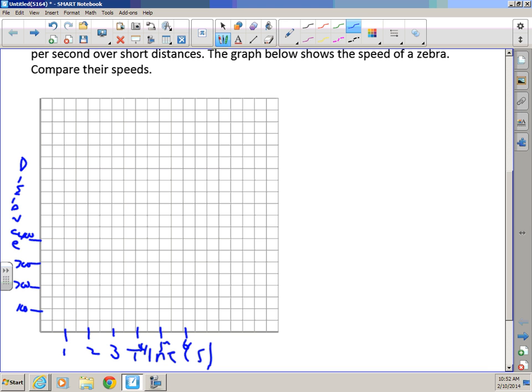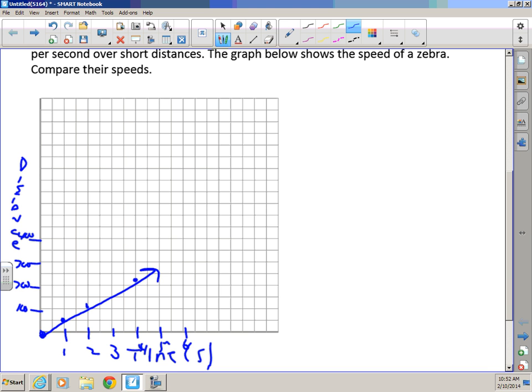And I have 3 points I plotted. 0, 0, 1, 59, 2, 118, and 4, 236. Right?